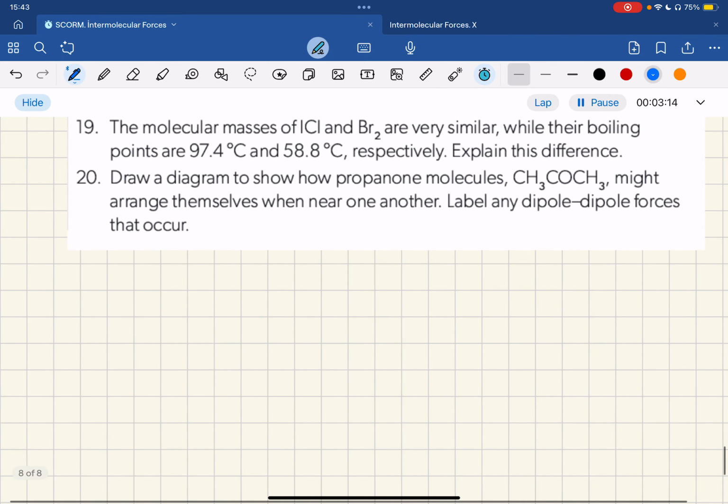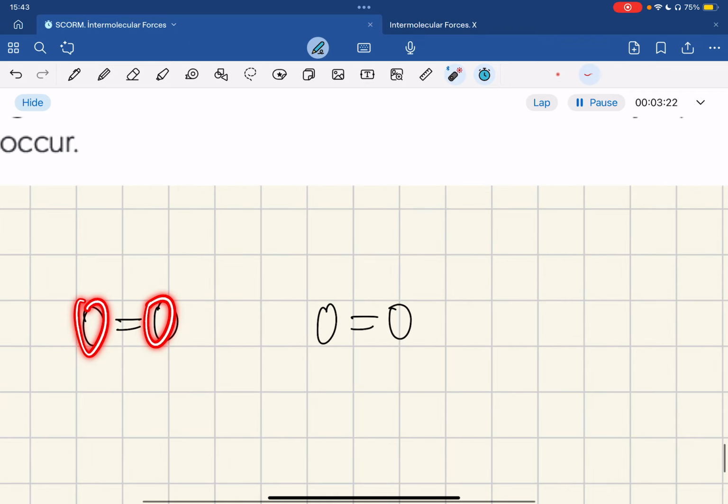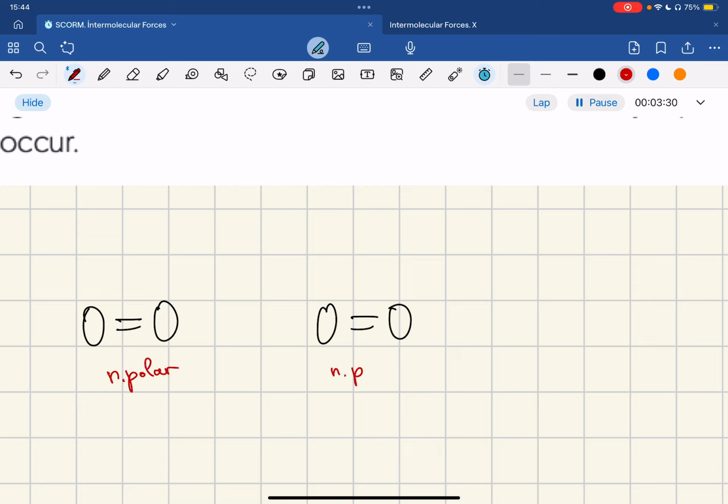Let me draw two oxygen molecules, double bonded. Because the two atoms have the same electronegativity, we will not have any polar molecule. So this is non-polar. Whenever the molecules are non-polar, the bonding in between will be London dispersion. I am going to write it as LD.